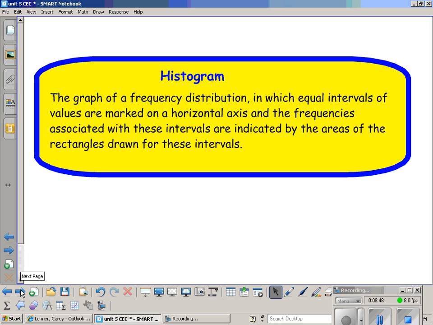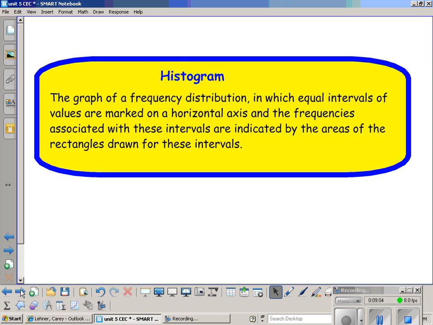A histogram, the graph of a frequency distribution in which equal intervals of values are marked on a horizontal axis, and the frequencies associated with these intervals are indicated by the areas of rectangles drawn for these intervals.